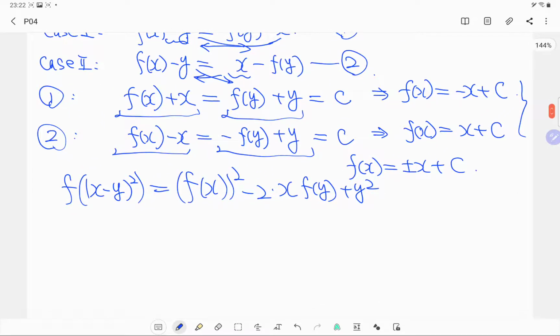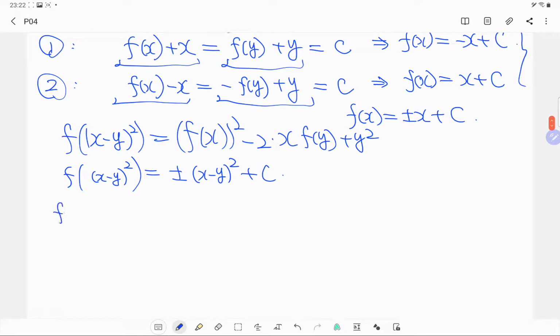On the left hand side, we have (plus or minus x, minus y, plus c) squared.